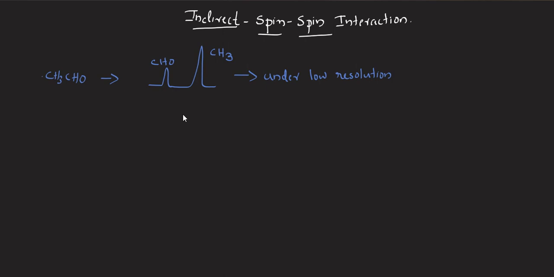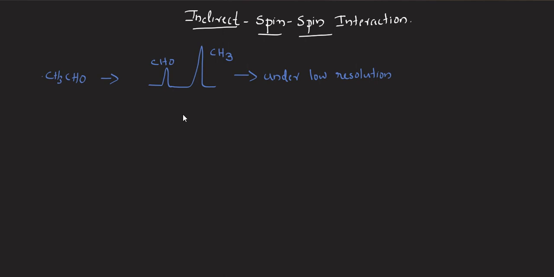So what does NMR mean? When you have a nucleus that is put in an external magnetic field, its energy level will split corresponding to the magnetic quantum number m_I, and if the molecule absorbs a radio frequency wave, then there is a transition between the magnetic energy levels and you will get an NMR spectrum.